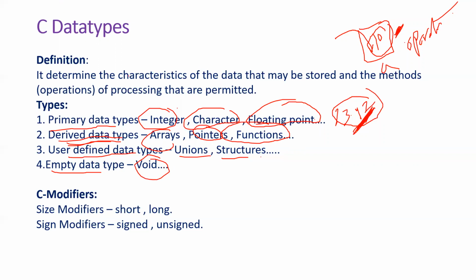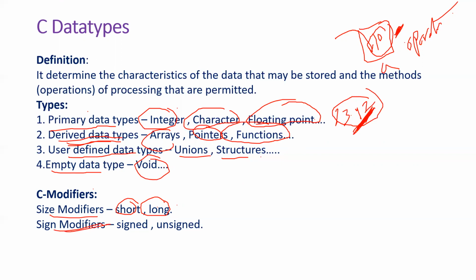Now, as a part of this session, we will see the primary data types, and there are modifiers to the data types. Size modifiers like short and long: if you give a short modifier, then the memory will be reduced. With the long modifier, the memory allocated will be increased.